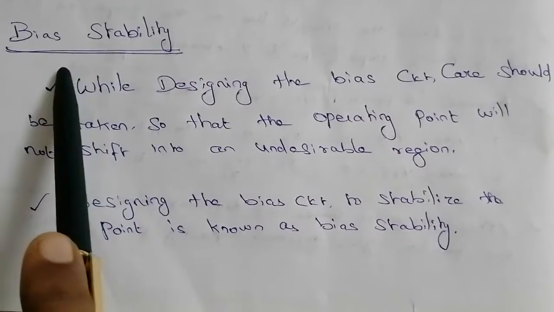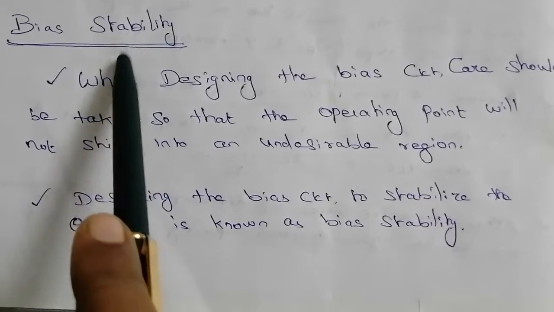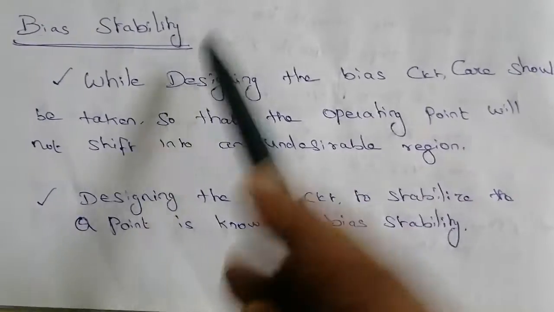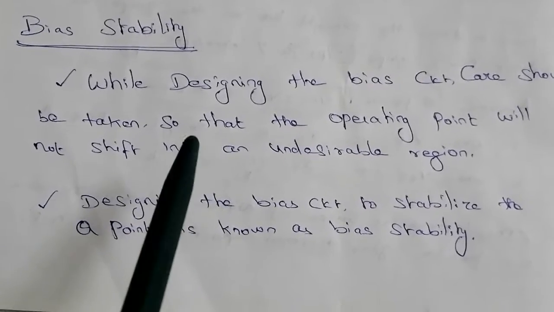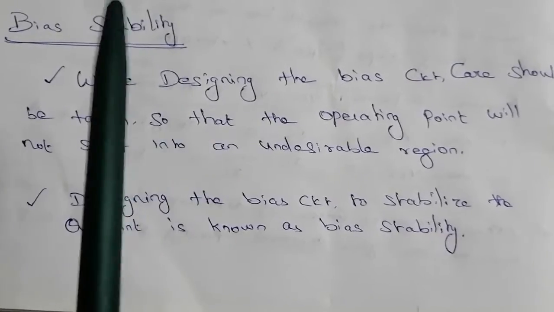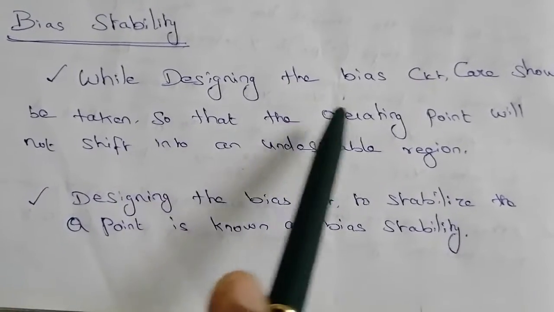Next topic is bias stability. So already we know that biasing, that is DC biasing, is nothing but applying the external DC voltage to the two junctions of the transistor. At that time we have to focus on the Q point not shifting to any undesirable region.